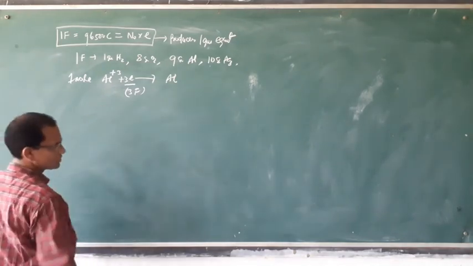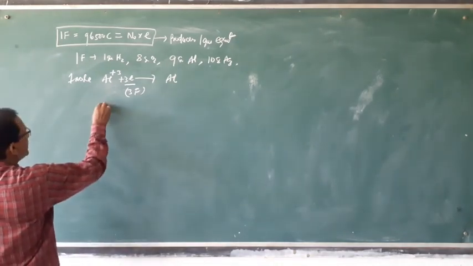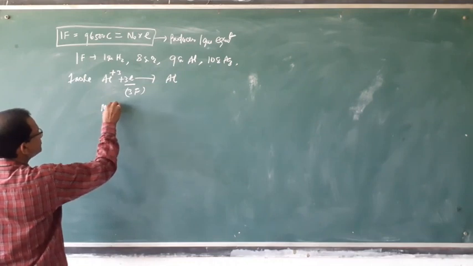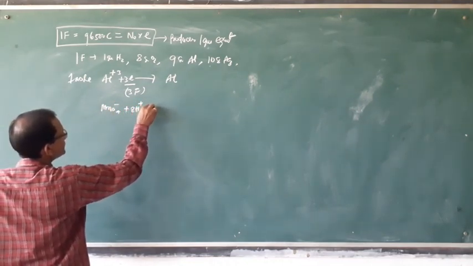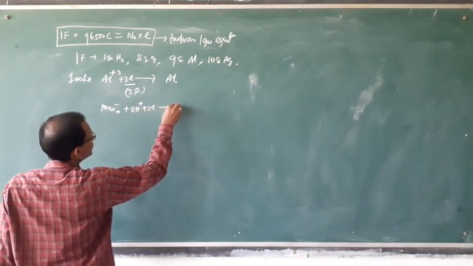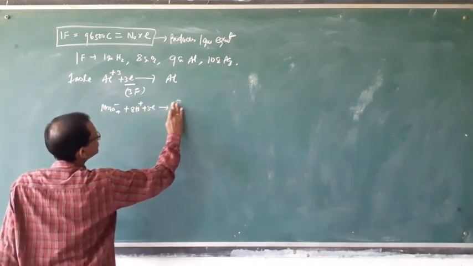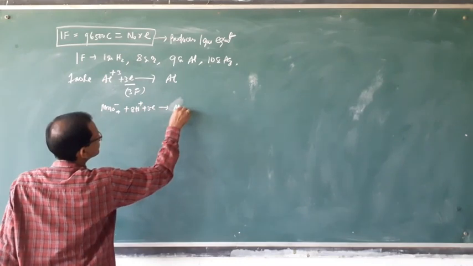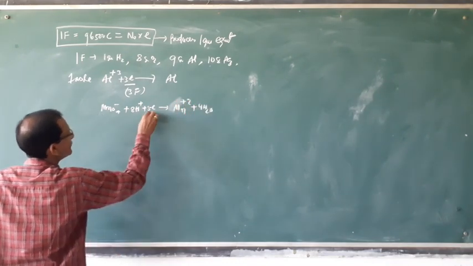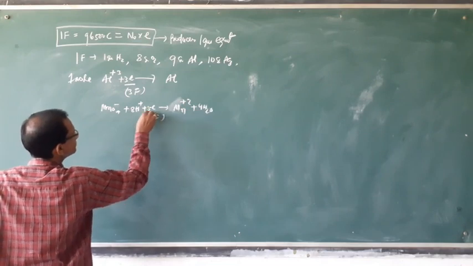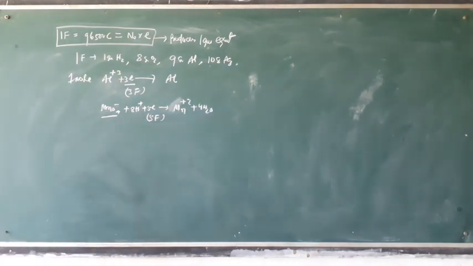It also depends upon oxidation or reduction. MnO4 minus plus 8H plus plus 5 electrons converts to Mn2 plus plus 4 water. That's how 5 Faraday are required per mole.